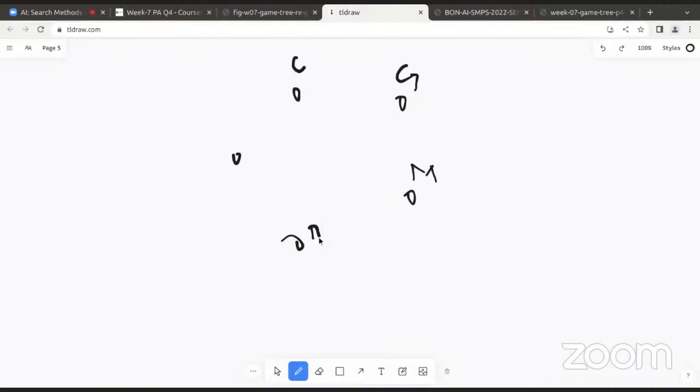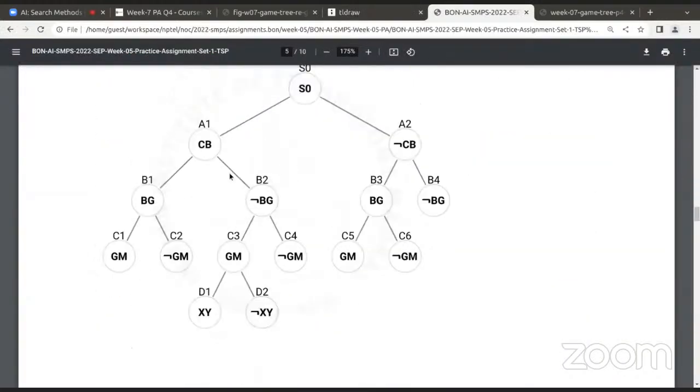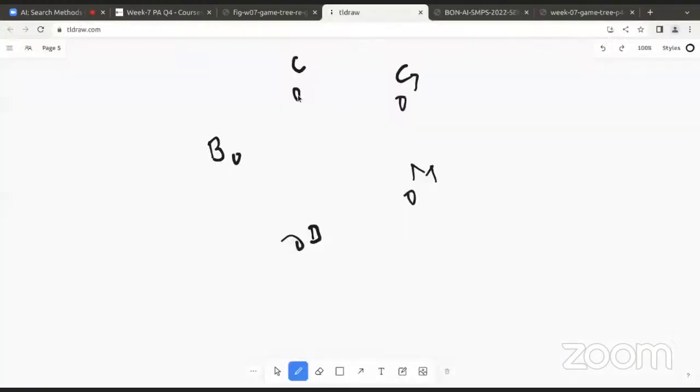Okay. Now, what did they say here? CB is included. CB, right. Now, this is included. Correct. So we need to take it mandatory. It's not so many edges. It is basically this segment. This is included.